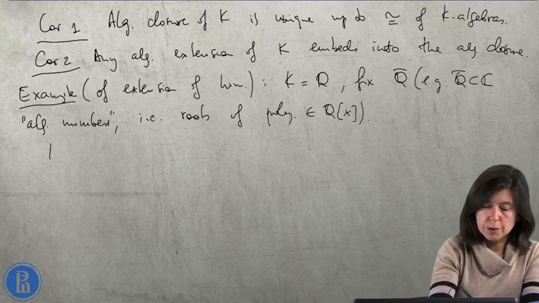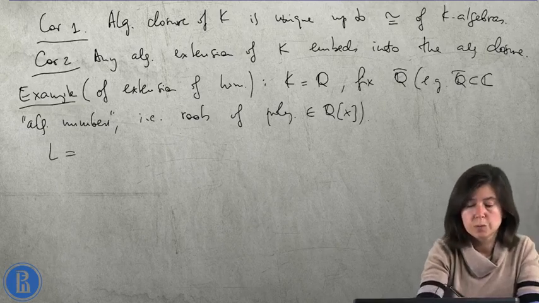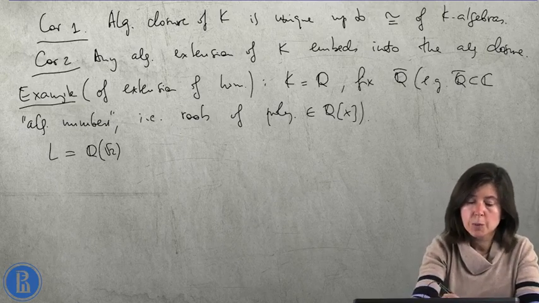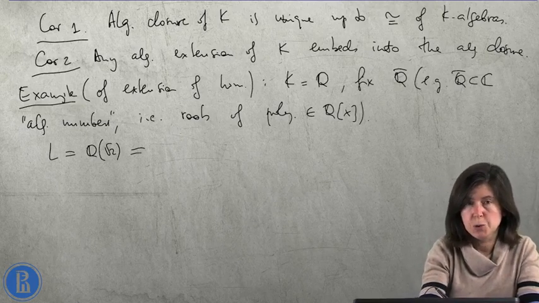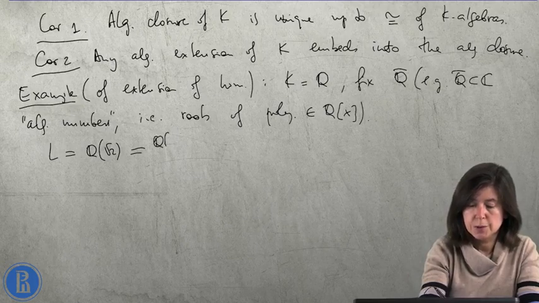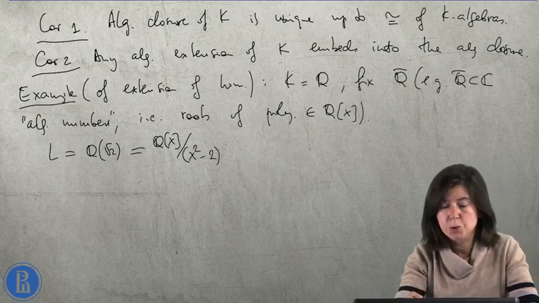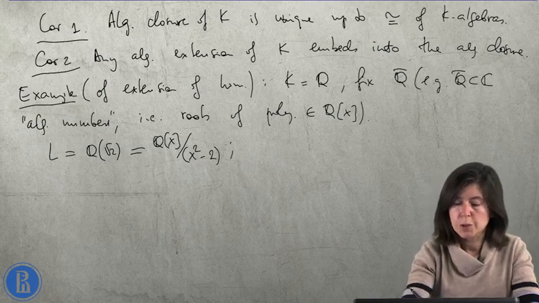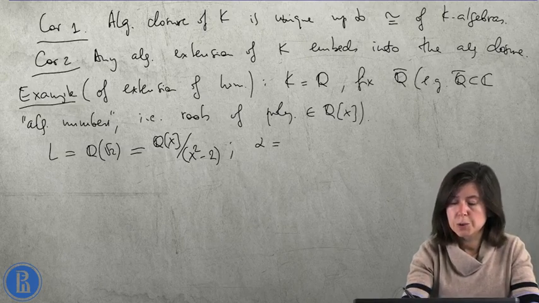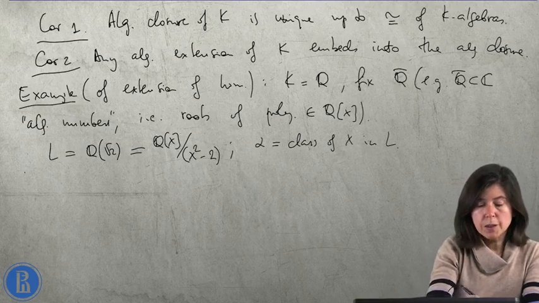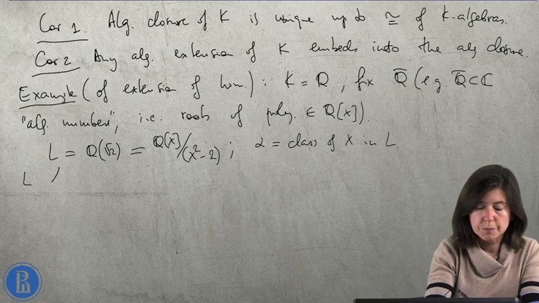And let us consider L, which is Q of the root of 2. One may see it like this, but it is better to say that L is the quotient of the polynomial ring by the ideal generated by x squared minus 2. So let alpha denote the class of x in L, and L has two embeddings in Q bar.